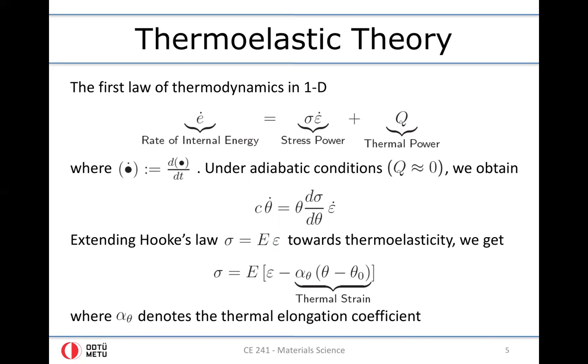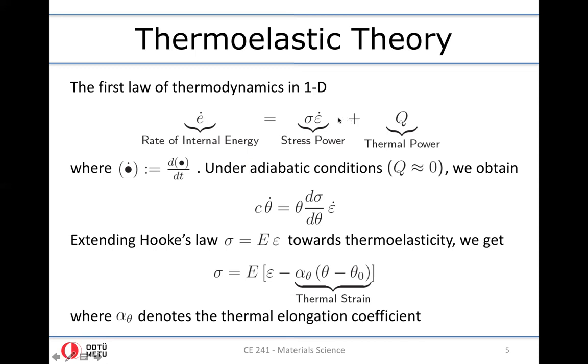If you write such an equilibrium equation in terms of energy, you end up with what we call the first law of thermodynamics. In this equation, on the left-hand side, we have the rate of the internal energy. This rate of the internal energy is related to the mechanical working, the stress power, sigma times epsilon dot, where the dot denotes the derivative with respect to time.